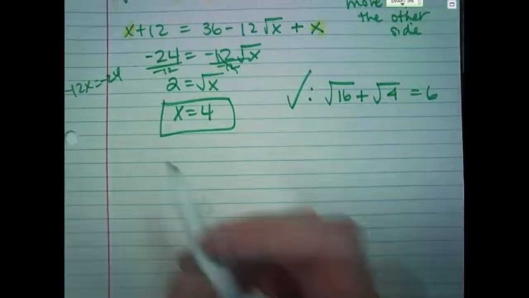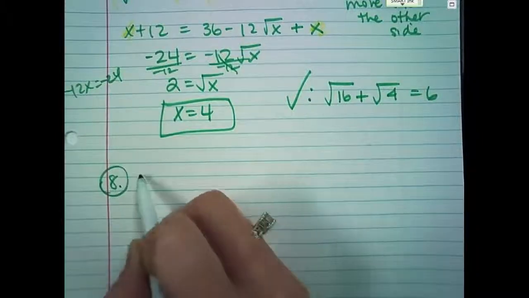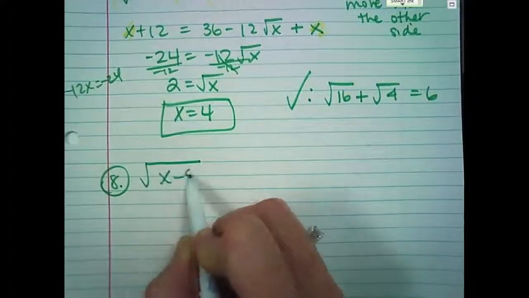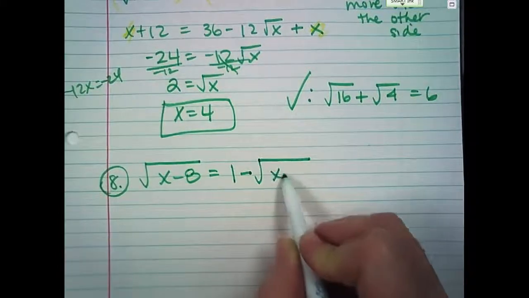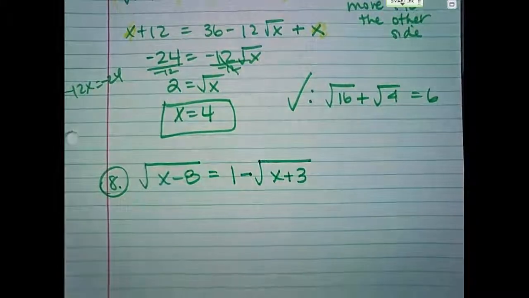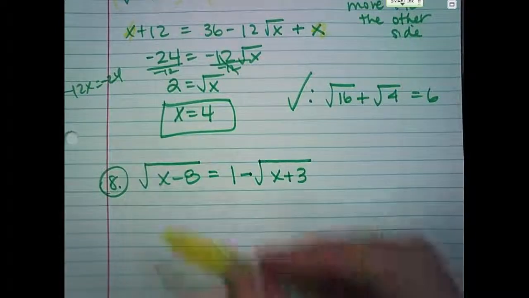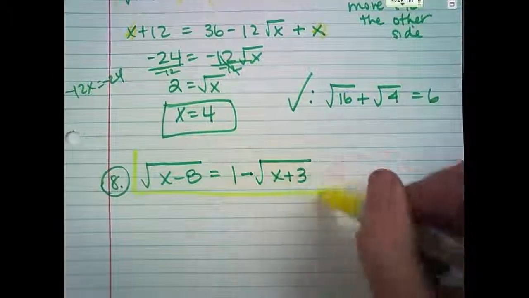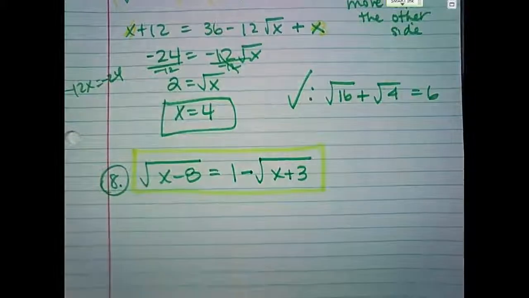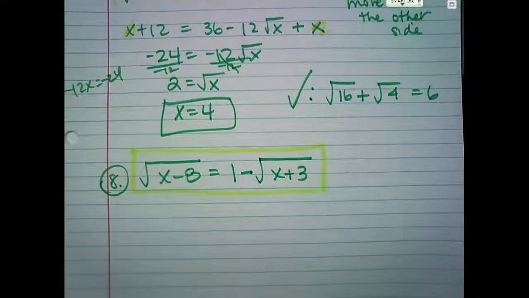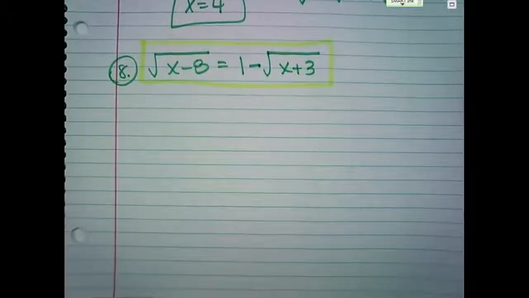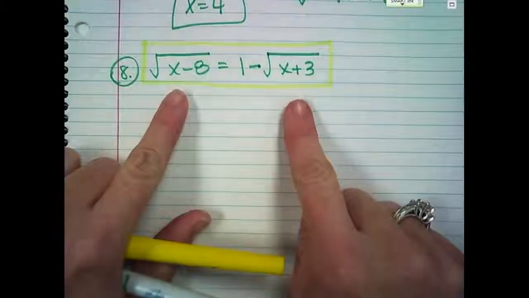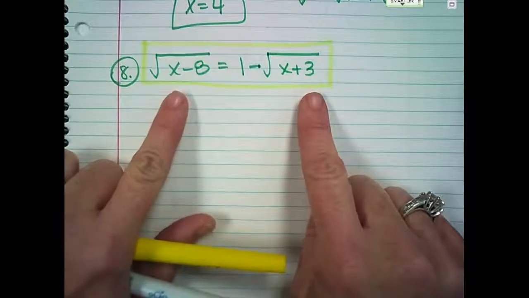Next one. Great. The square root of x minus 8 equals 1 minus the square root of x plus 3. Oh, plus 3, sorry. I have one radical on both sides. I'm good. I don't need to move one.